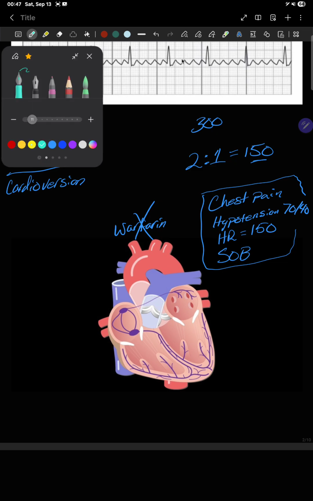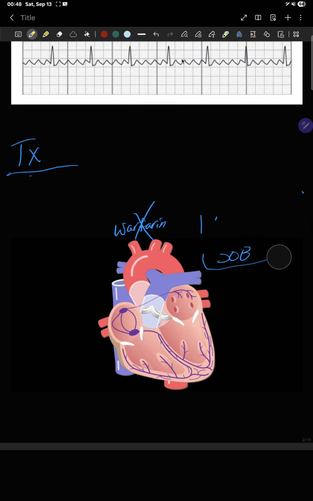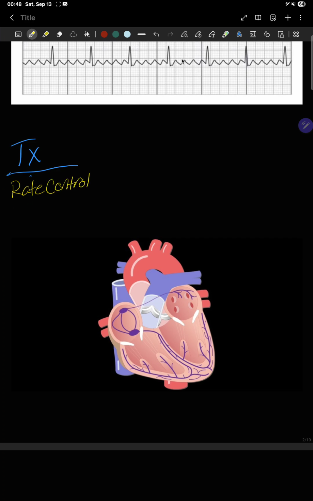So now, let's say our patient comes in and they're normal-ish. They have a heart rate of 120 beats per minute. Okay, well, what we're going to want to do for these guys is rate control for them. So we're going to do our calcium channel blockers, primarily like diltiazem.